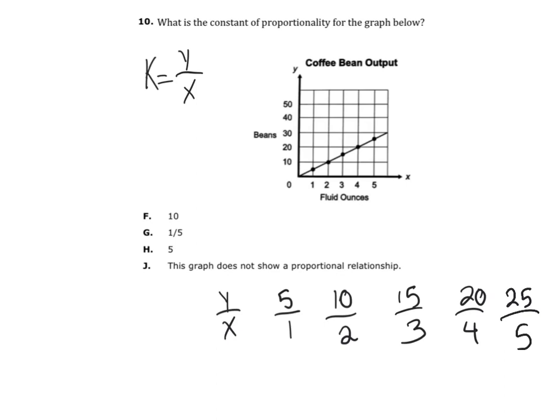So 5 divided by 1 is 5. 10 divided by 2 is 5. 15 divided by 3, 5. 20 divided by 4 is 5. And 25 divided by 5 is 5. So we get a common answer here. Common answer of 5, H. Again, please show your work on your test corrections.